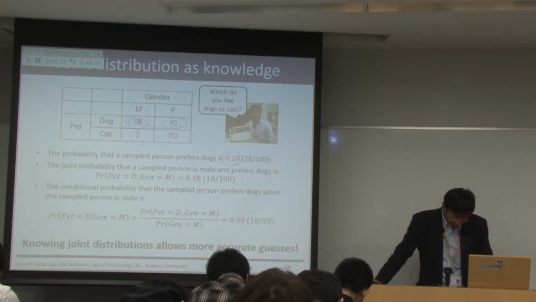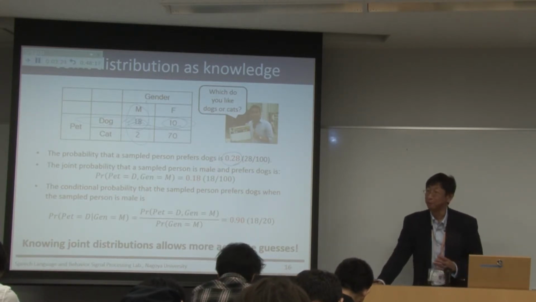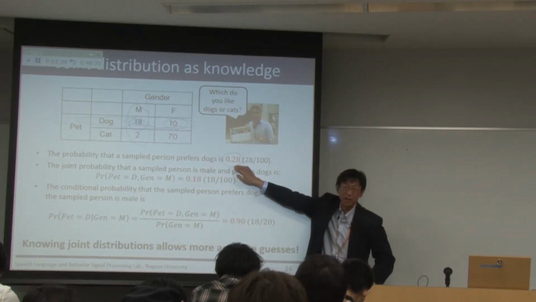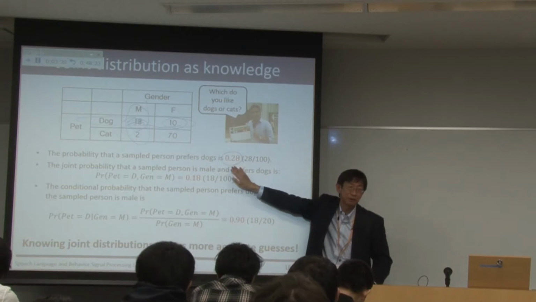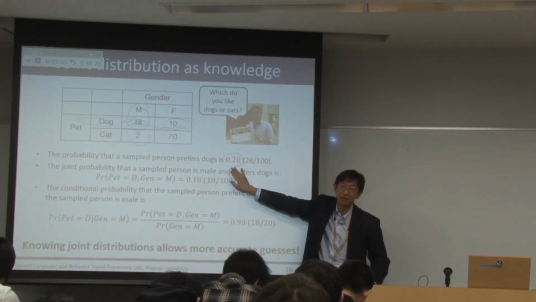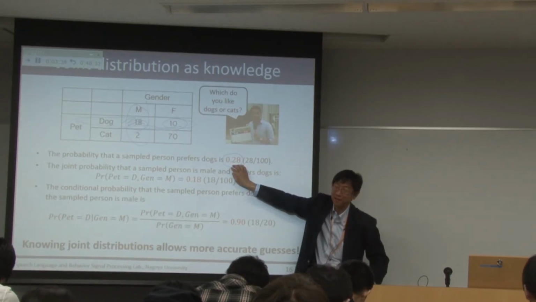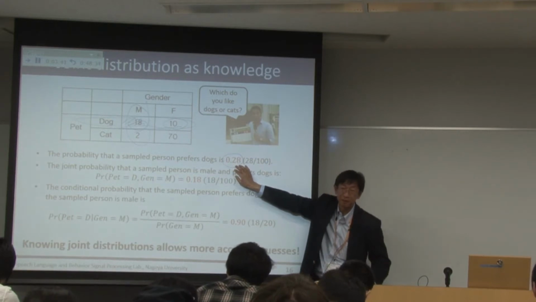So this is a great change of probability compared to 0.28. Without knowing the gender of the person, you estimate that 28% prefer dogs.